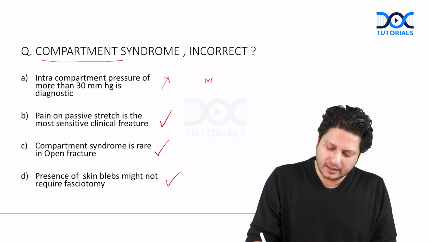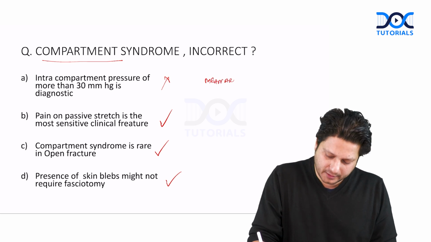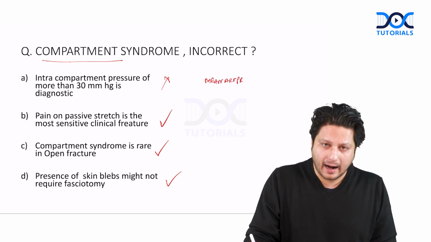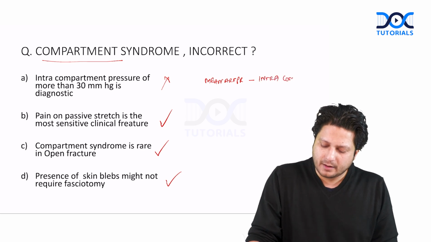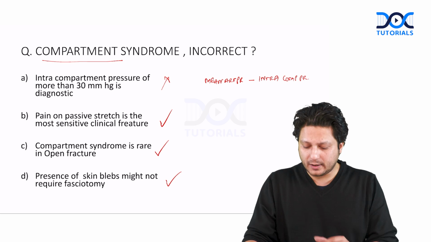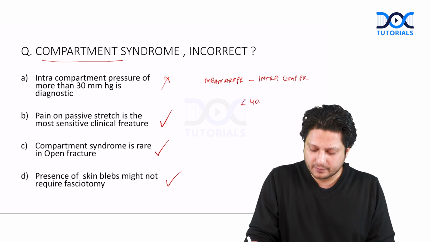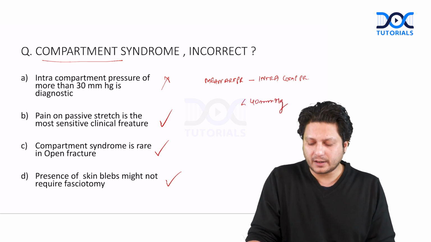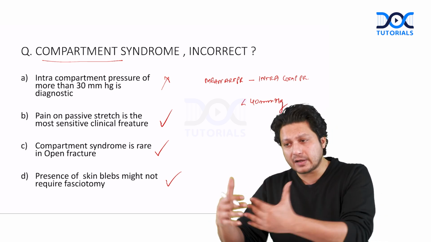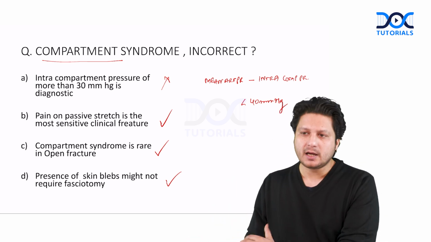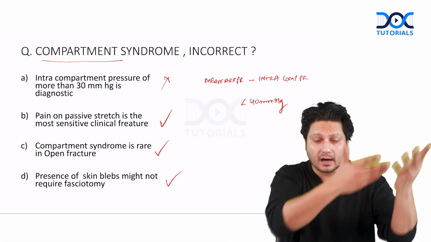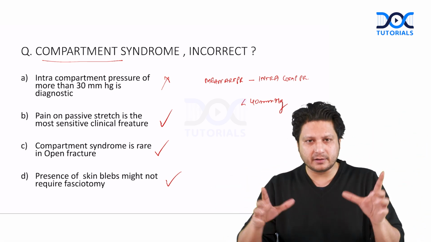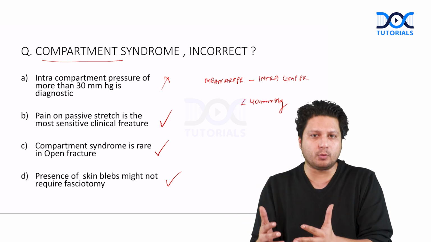You see, the mean arterial pressure of the patient and the intracompartmental pressure: the difference between the two, if it is less than 40 millimeters of Hg, which means that the intracompartmental pressure is getting close to the mean arterial pressure, or the gap between the two is getting narrowed, it's being thinned out.